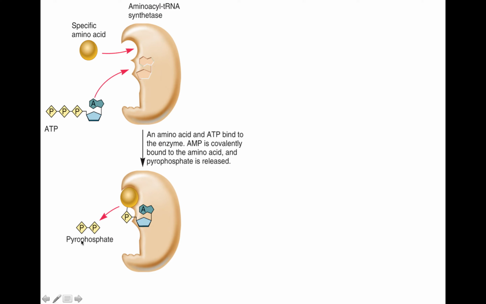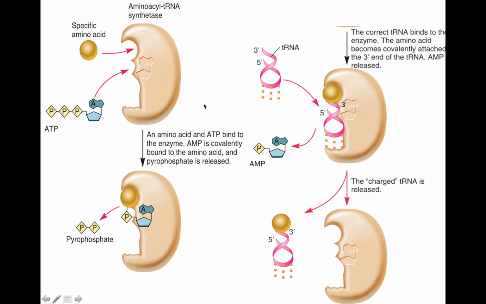The pyrophosphate is released from the ATP, and this AMP is attached to the amino acid covalently. AMP is covalently bound to the amino acid, and the pyrophosphate is released. So this is an energy-dependent reaction.